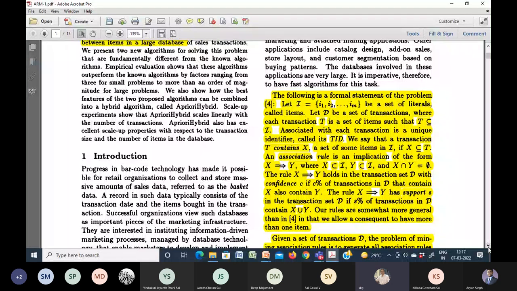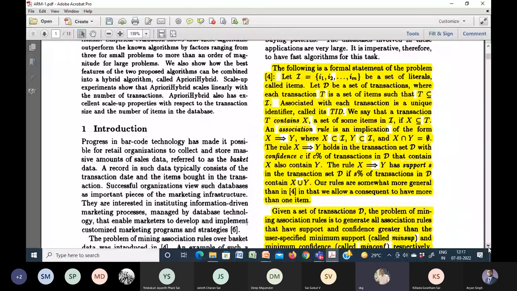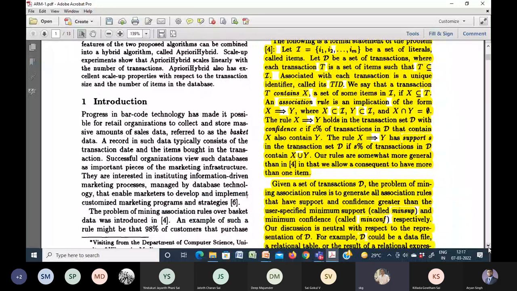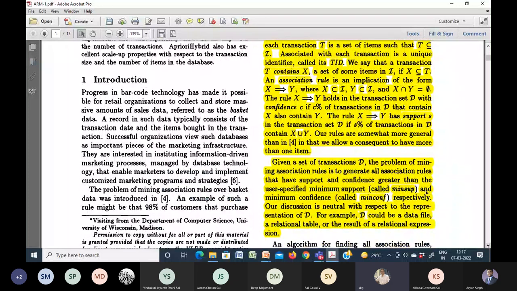So given a set of transactions T, the problem of mining association rules is to generate all associations that have support and confidence greater than the user-specified minimum support, like management or the user specifying how much minimum support, and the minimum confidence, that is minsup and minconf respectively.